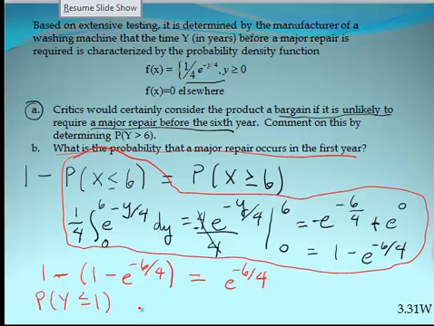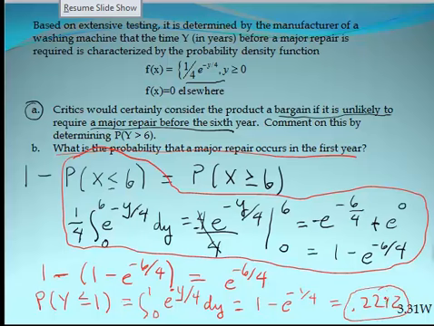So this is integration from 0 to 1 of e to the minus y over 4 dy, and that is just going to be equal to 1 minus e to the minus 1/4, and that turns out to be 0.2212, and this value means there's about a 20% chance that you're going to get a breakdown in the first year. Would you buy that washing machine?